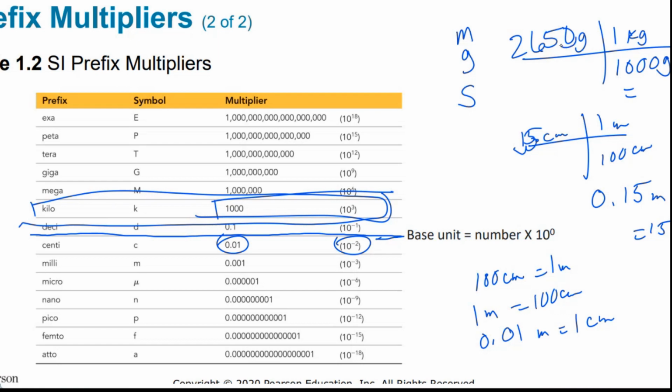So we're going to be moving our decimal point 3 places to the left to divide by 1,000. So that gives us 2.650 kilograms. Okay, so 2,650 grams is 2.650 kilograms. So that's the way we use these as conversion factors. And we're going to be doing that a lot in this course.